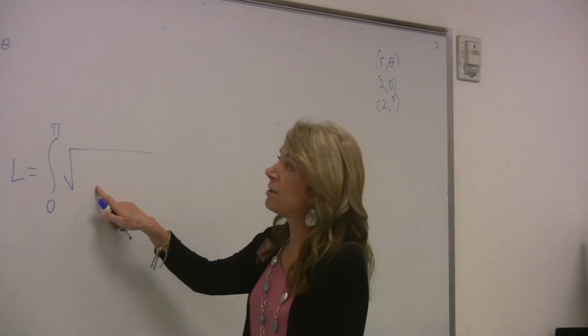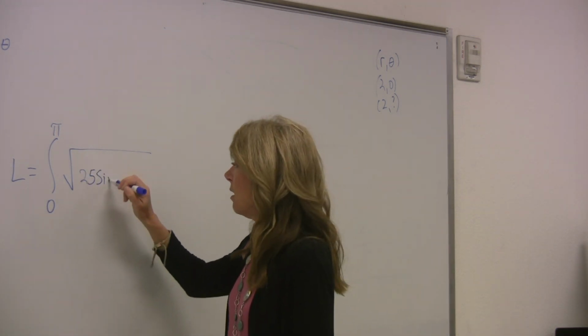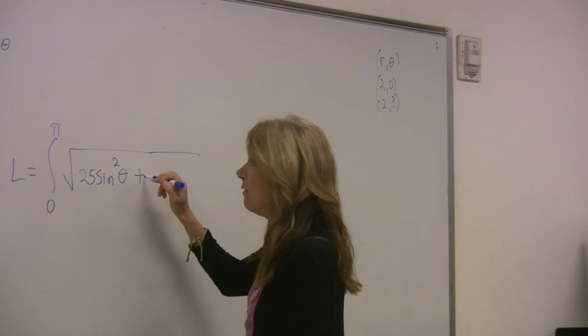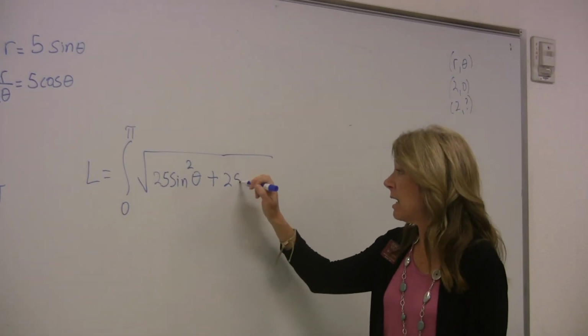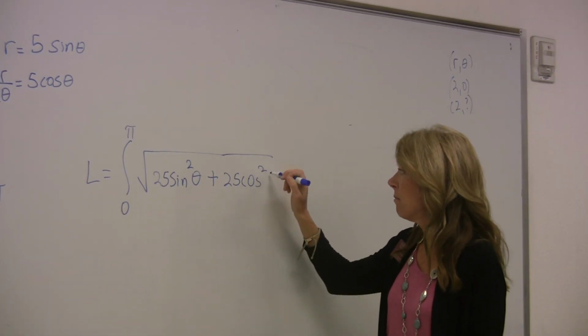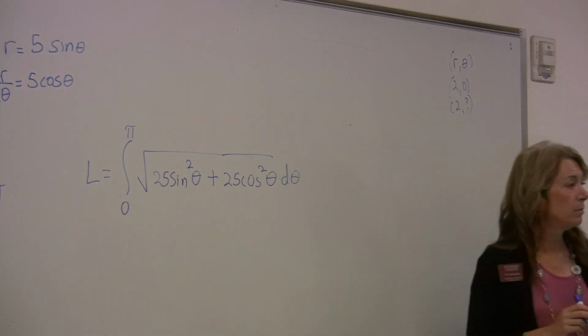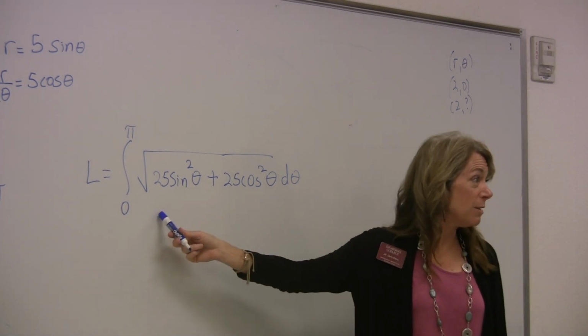Okay, so then I want r squared. That's 25 sine squared theta, plus the derivative squared, 25 cosine squared theta. He recognizes the identity in there after we factor out that 25.